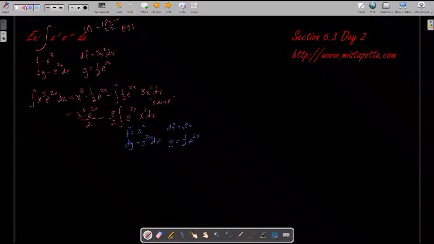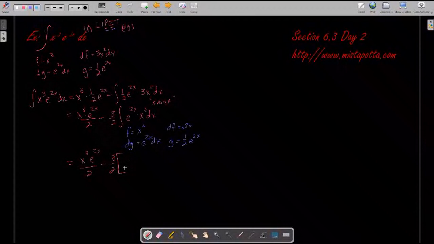So what I've got here is my first term, which was x cubed e to the 2x over 2, minus 3 halves of an integral. But this integral I'm going to have to evaluate.